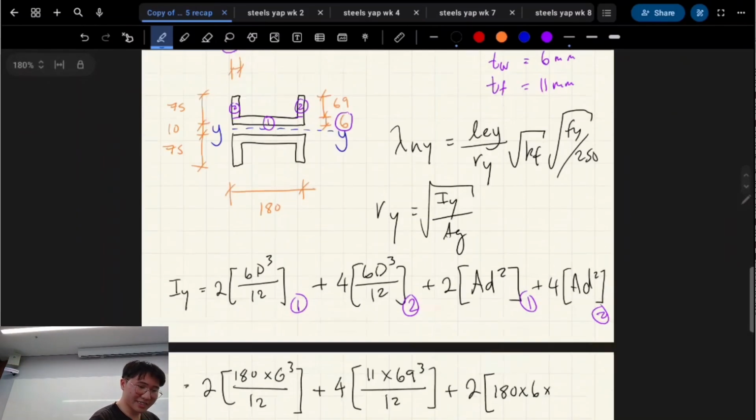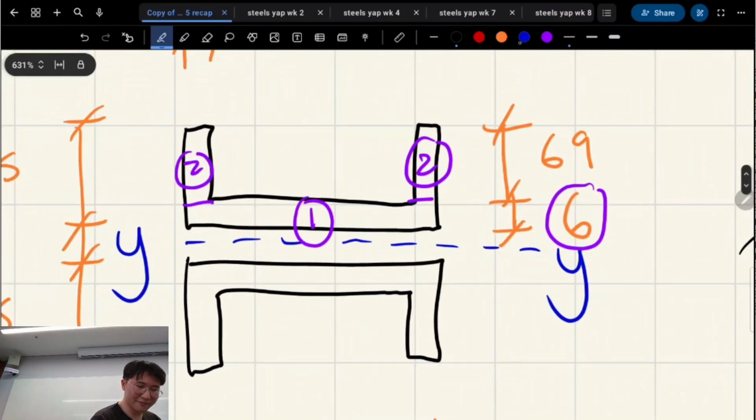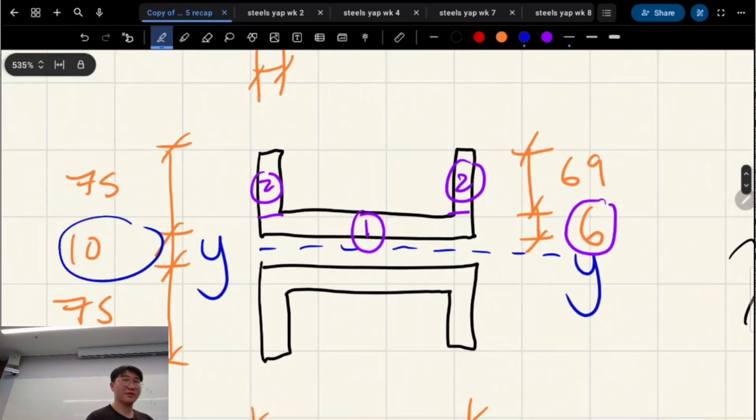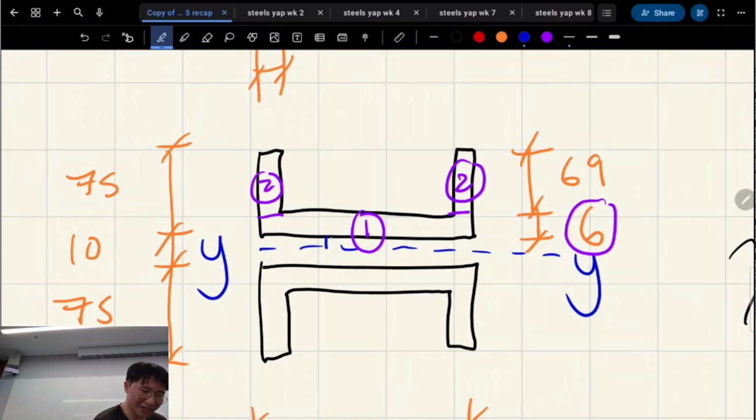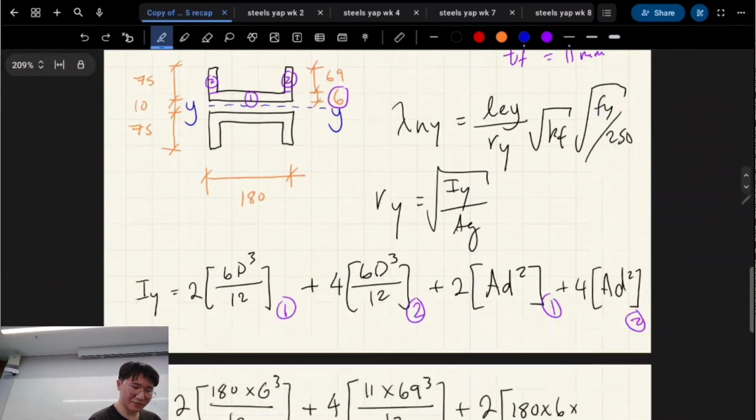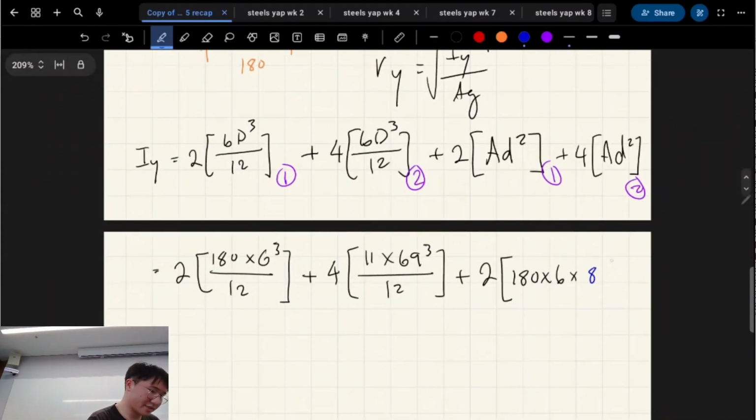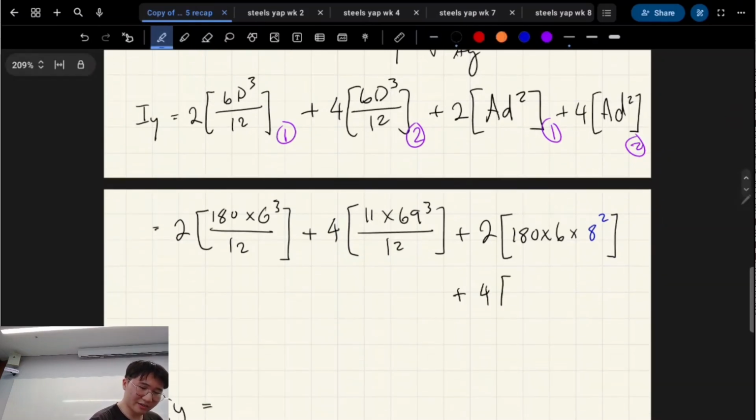Now we think about how much we shift it by. Remember, the opening between the 2 parallel flange channels was 10, so we go up by 5, and then another 3 to reach the middle of that shape. So the amount we shift is 8 mil squared, because that's the formula.